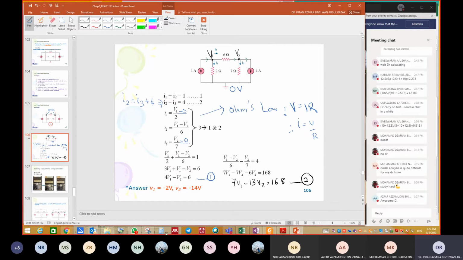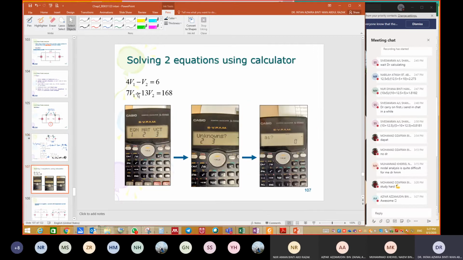Now, by using calculator, we have the first and the second equation. Please try it now. If you forget how to solve the two equations, press mode, equation, press 1.